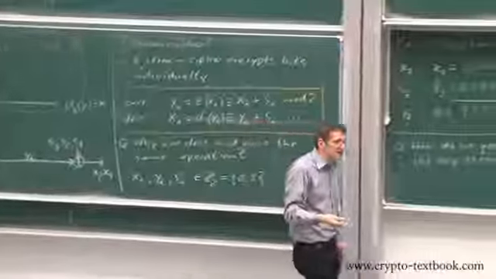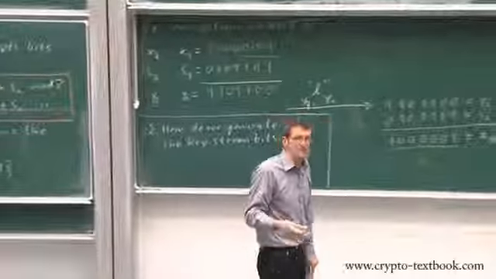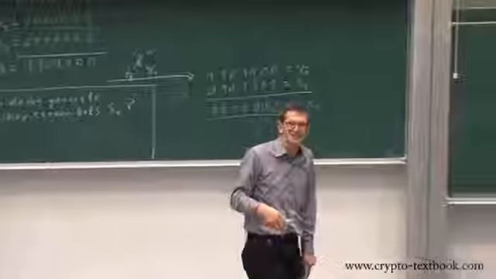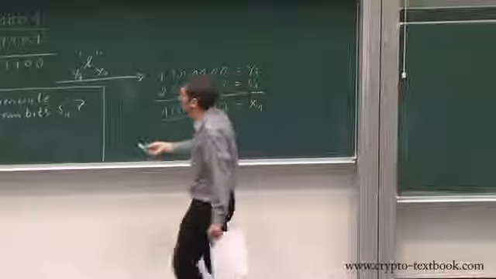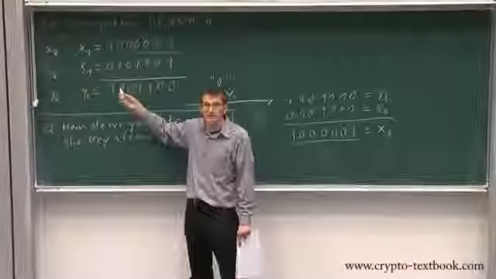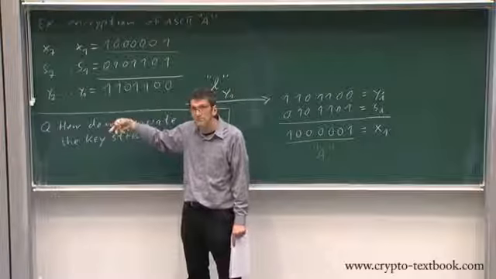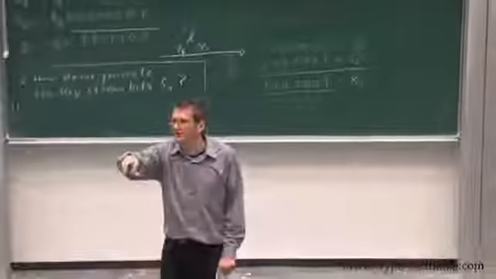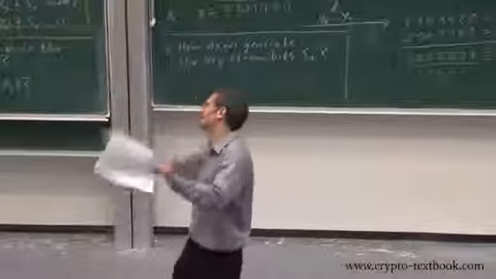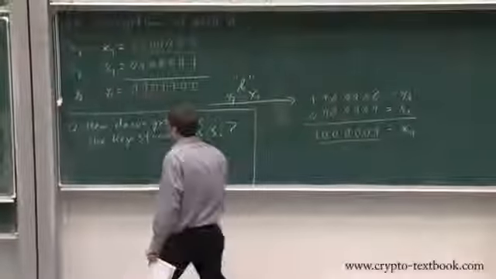So somehow I'm looking for an adjective, ein Wie-Wort, Adjektiv. What property should this sequence have? s1, s2, s3, they should be, what is the word in German? Yeah. No, not modular, no. Random, very good. Zufällig, random, okay.